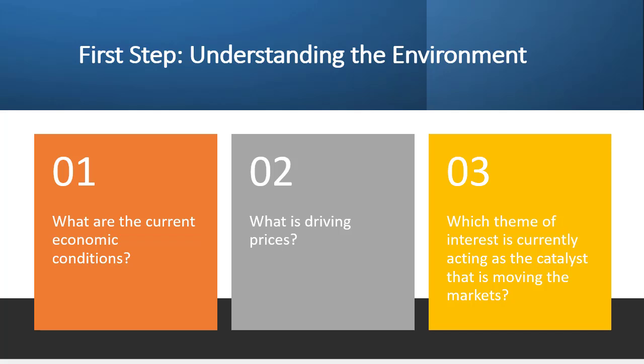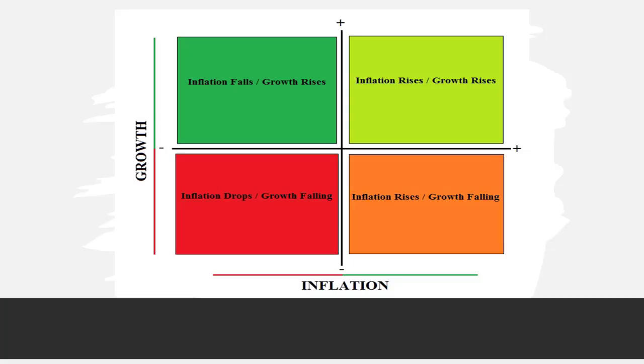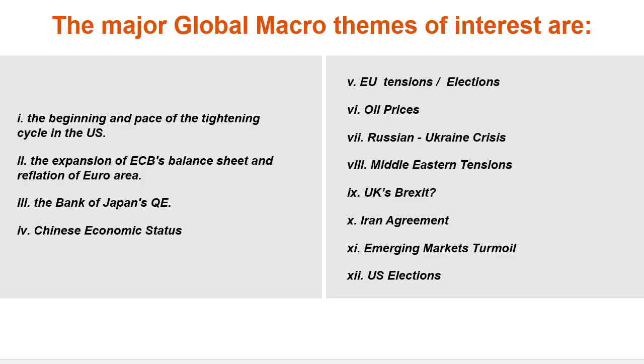What are the current economic conditions? From all these conditions, what is driving prices? Which theme of interest is now the main catalyst? Is it an election? Is it the economy? Is it political? Is it something that is out of our control? For example, if I go back here, let me find it, there you go. Is it something that we cannot foresee at all?